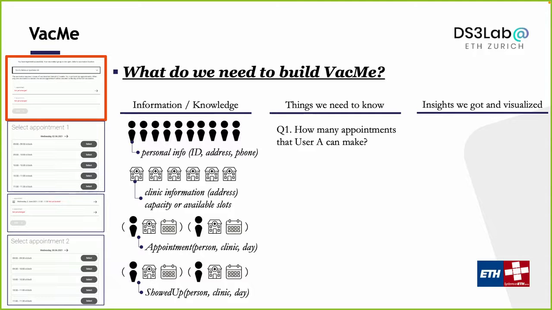So how to answer that? Well, if I know all the knowledge on the left-hand side, I can go through all the appointments that user A already made. I know one person can only make 2 appointments. If this person hasn't made any appointment yet, the answer I'm going to give you is going to be 2.